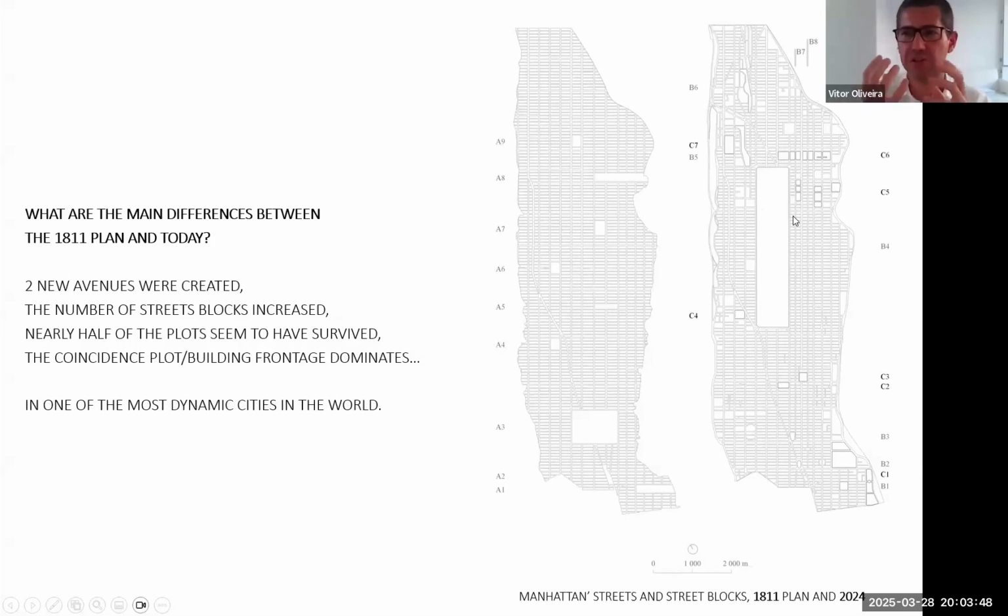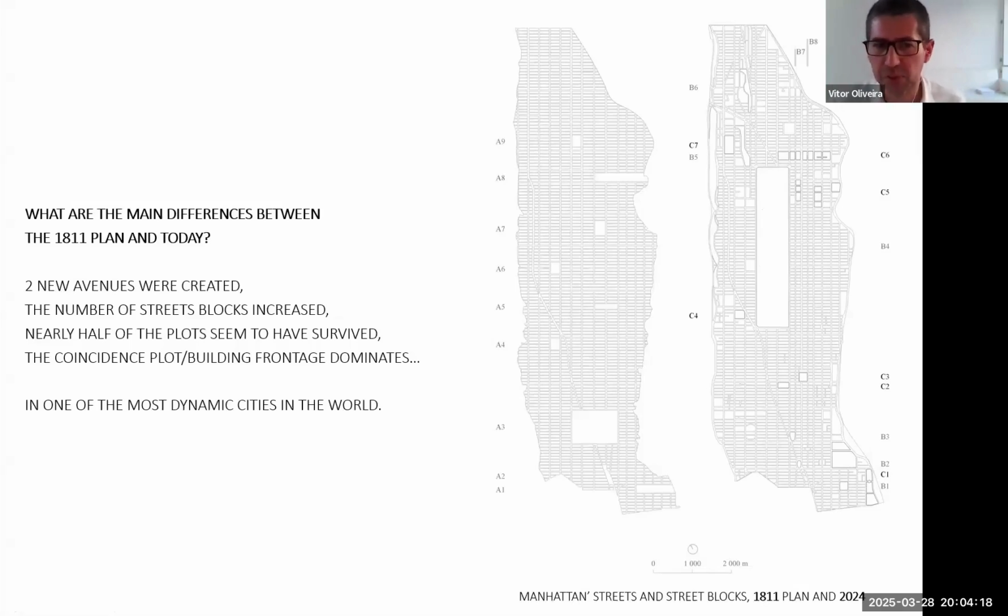In addition to these large changes, we can do a quantitative analysis of what was done and what turned out to be different from the initial expectations of the commissioners and John Randall. Two new avenues were created when we compare what we have today with the plan. The number of street blocks has increased.